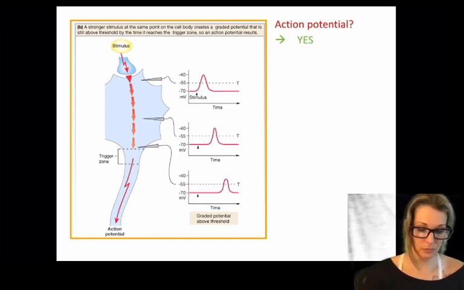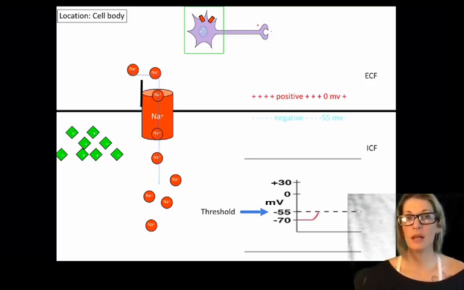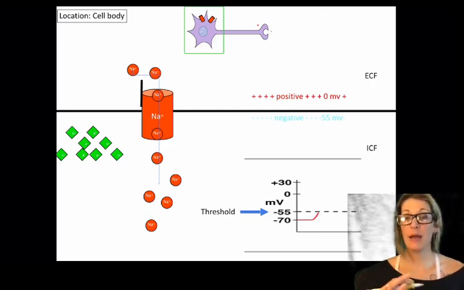Okay. All right. So going back to our earlier image, we're on the cell body. We're going to imagine that we've triggered a graded potential. That graded potential is strong enough and it's reached threshold. So our little flashing arrow there is indicating where threshold is.